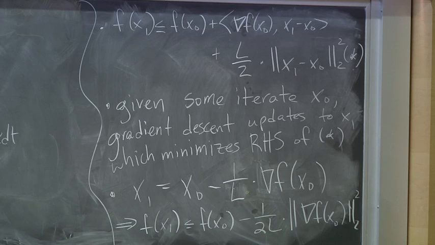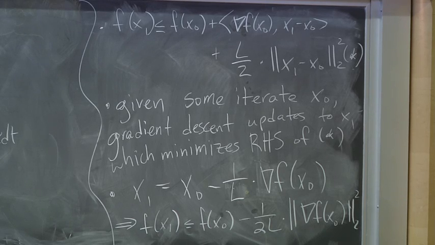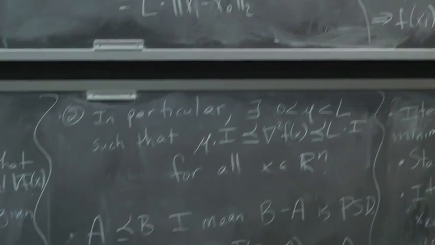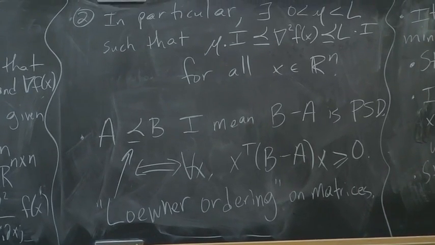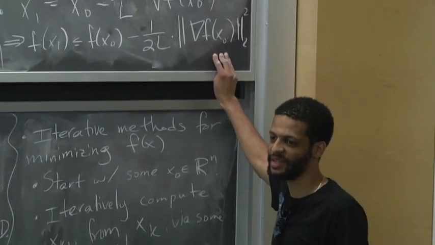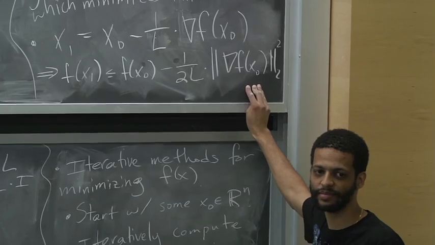So we have some kind of explicit bound on progress, right? So remember, we're trying to minimize f. So before we were getting a value of f of x0, now we're getting f of x0 minus something, right? And this is why you need to say that the Hessian never gets too small. Because basically the problem is you don't want this thing to be equal to 0 or something very tiny.